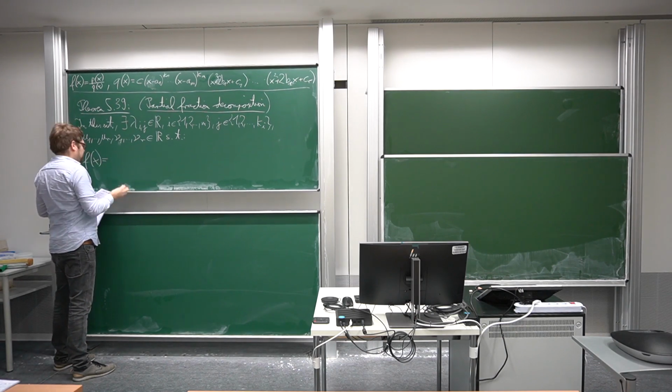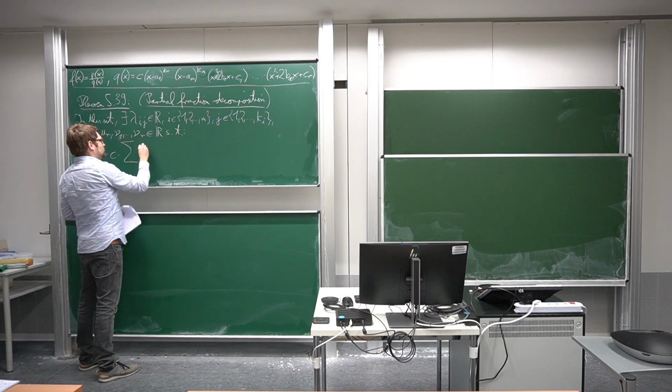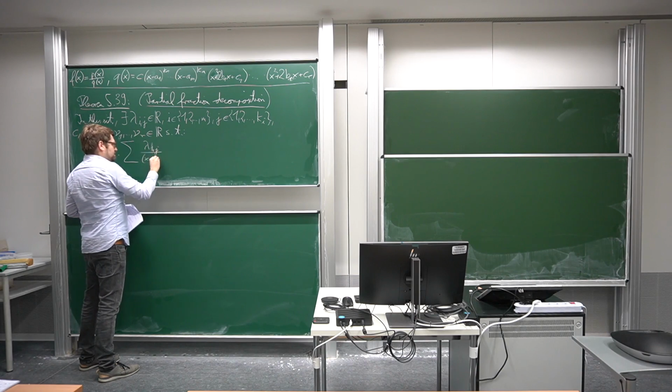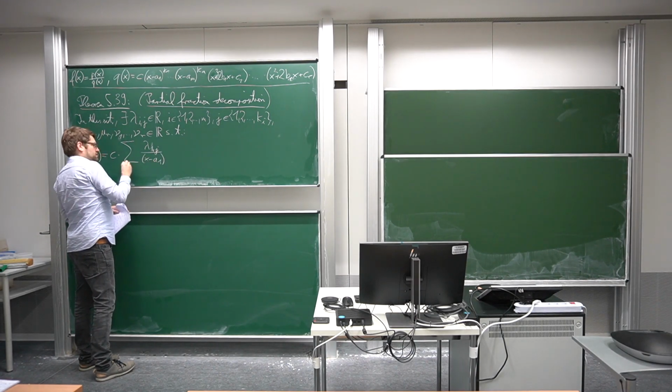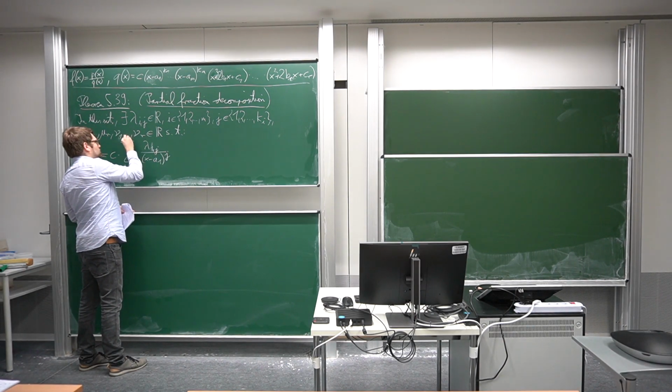f of x is then given by c, some constant, times, and now we sum up. So we take the first linear factor: lambda 1j divided by x minus a1 to the power of j, where j is going from 1 to k1.